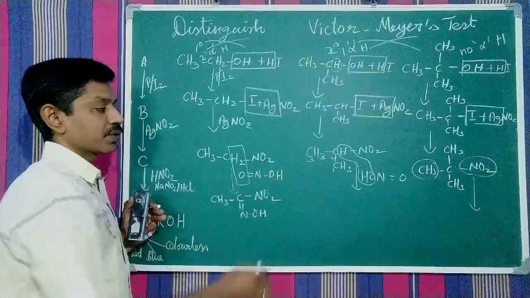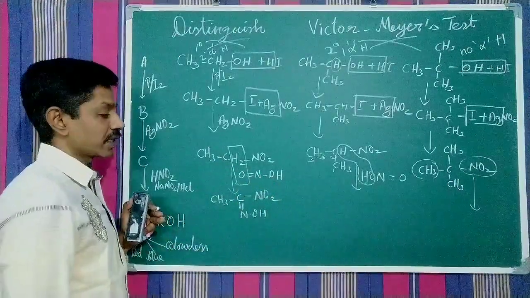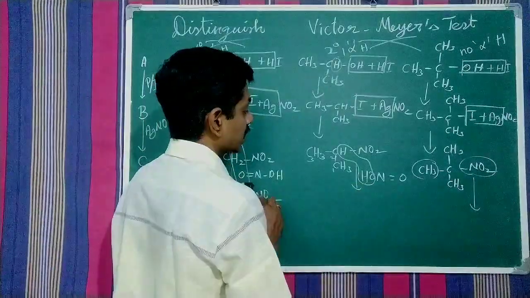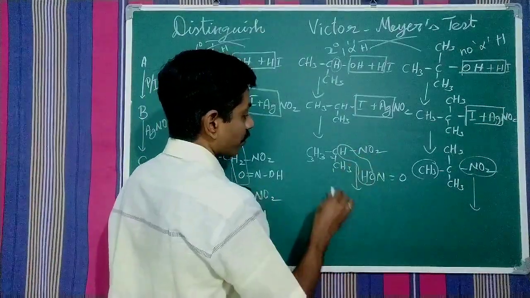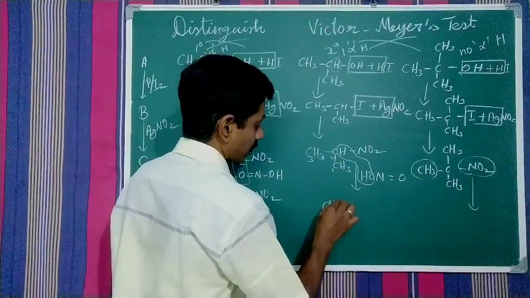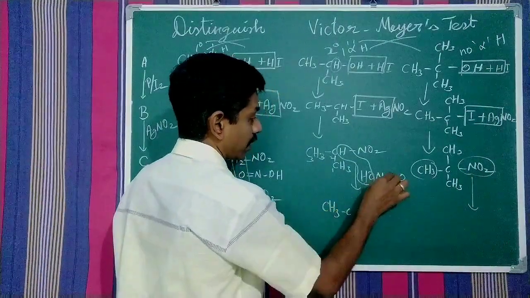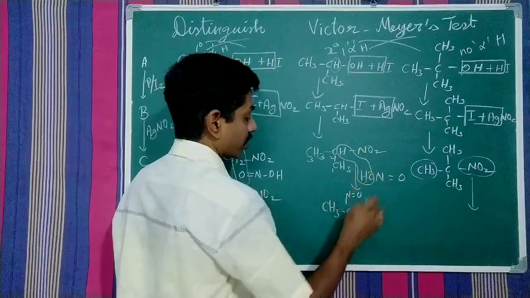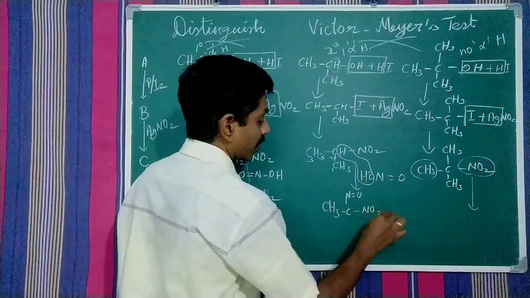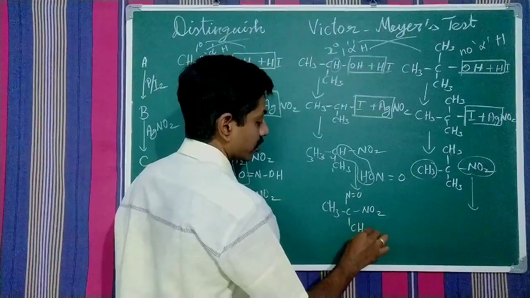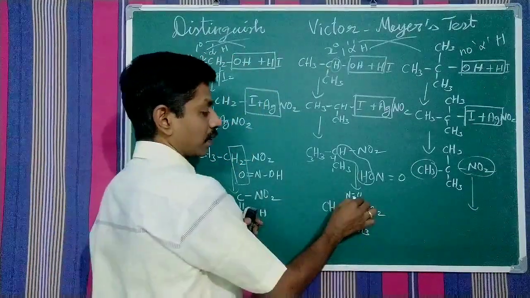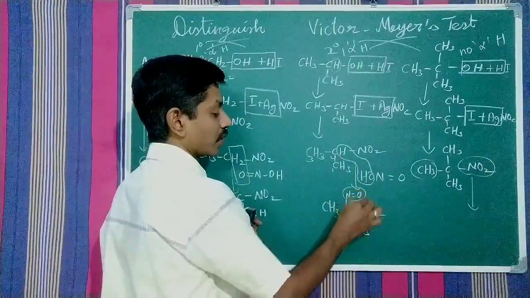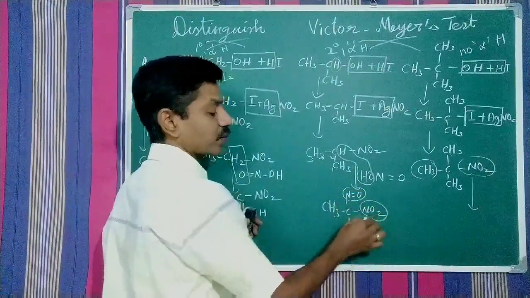That's how in chemistry you should write the reactants so that removal of the product is easily probable. Next one. After loss of the water molecule, you can see this molecule CH3 carbon single bond N double bond O. This gets attached here, and the NO2 group here, and this is CH3. This group is called the nitroso group. This group is called the nitro group.